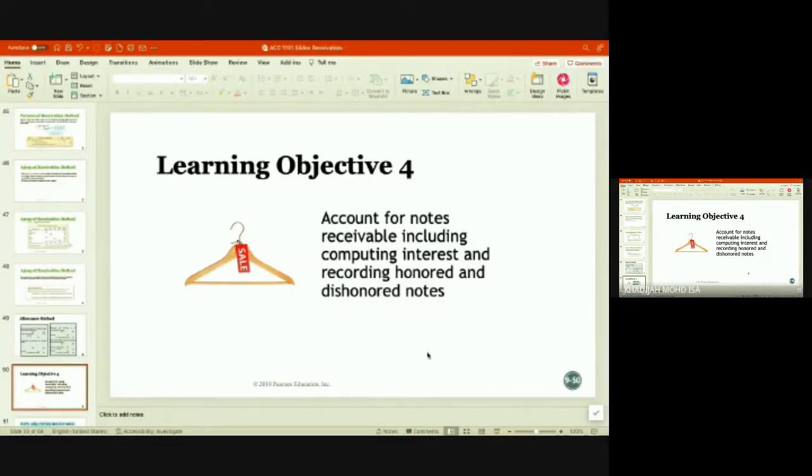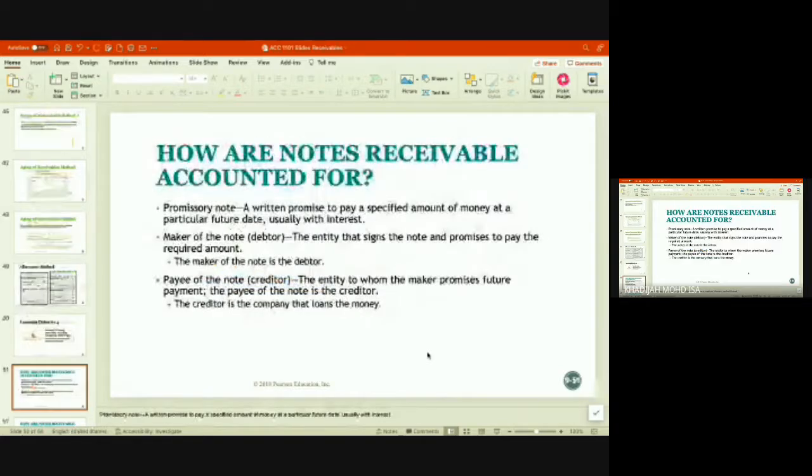Okay, and then we have the note receivable. Remember that the note receivable normally is a note that has the principal and the interest. A note receivable is a promissory note.